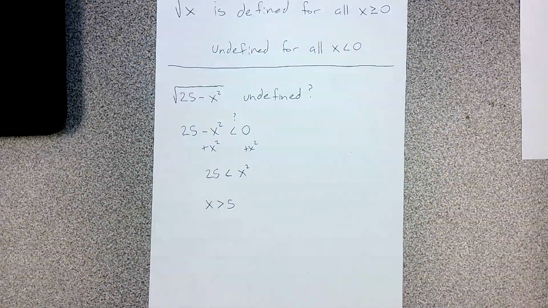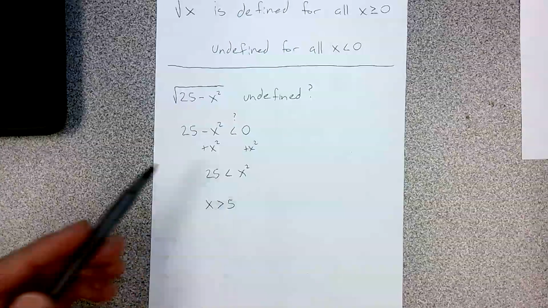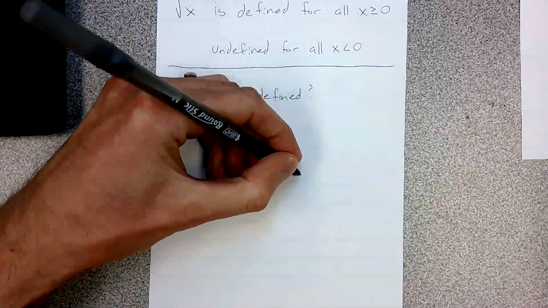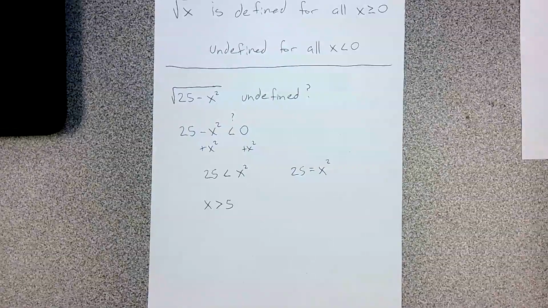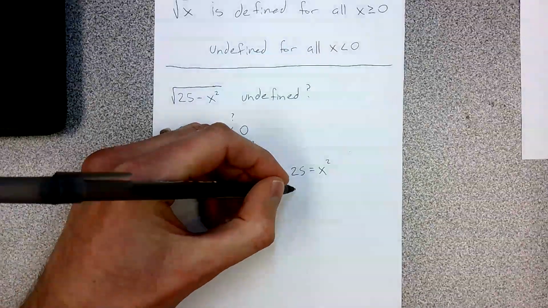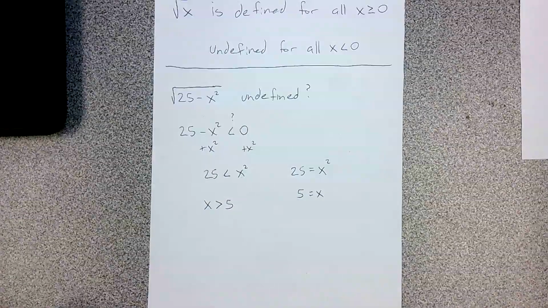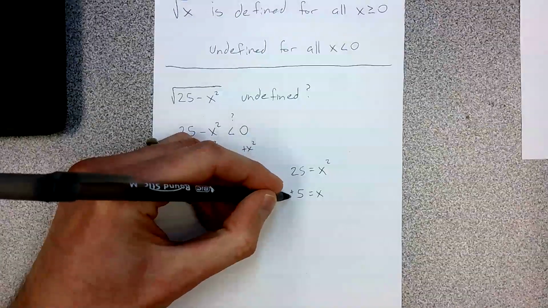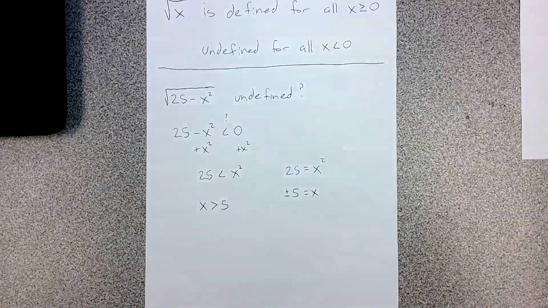If this was not a less than sign, if it wasn't an inequality, if it was an equal sign, we could say that x could be 5, because 5 times 5 is 25, or x could be -5. -5 times -5 is 25.